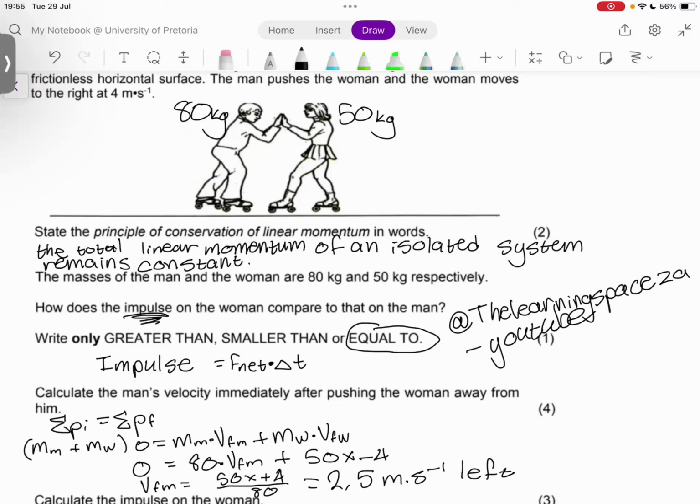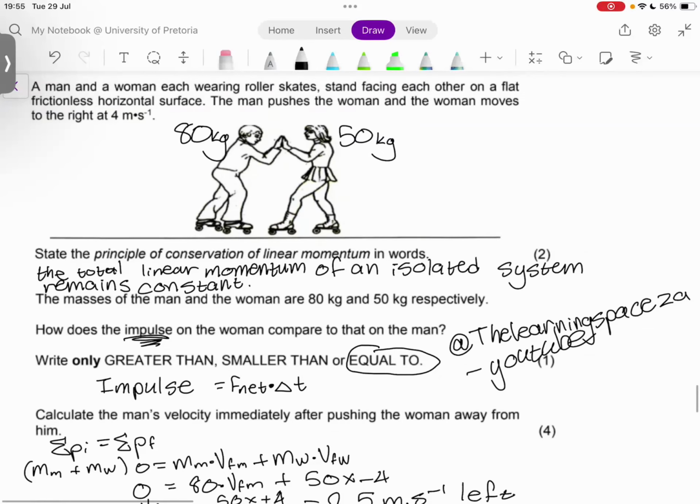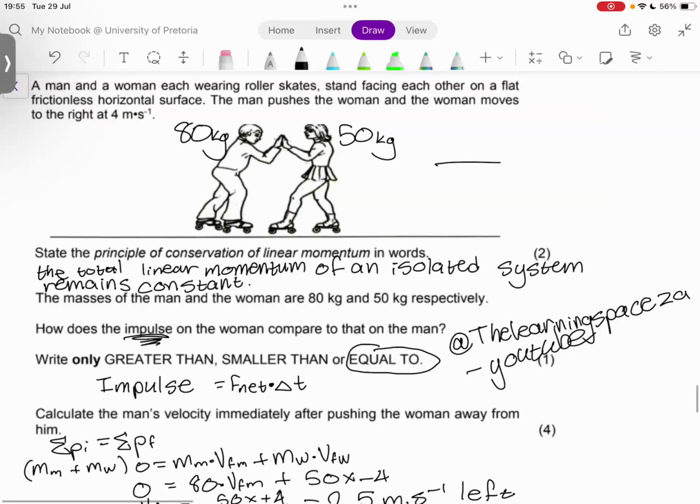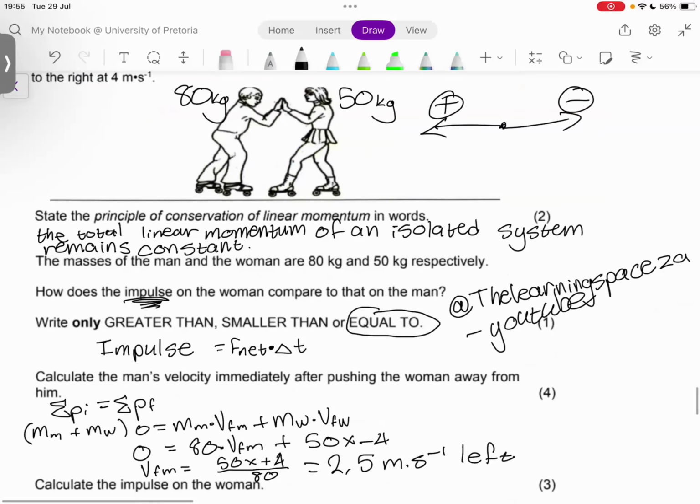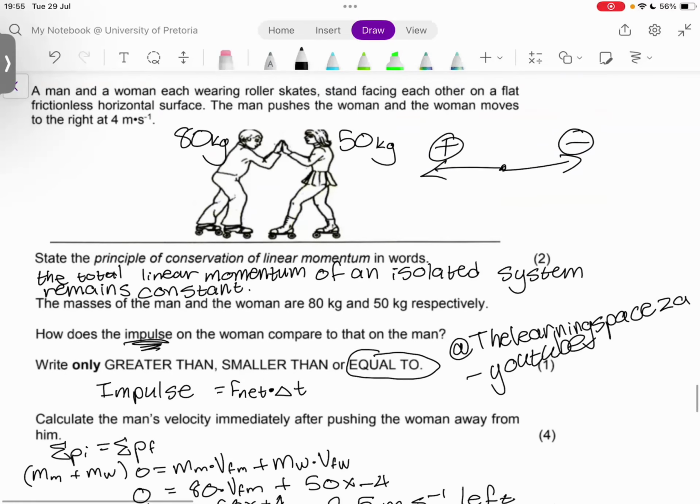For this question, I chose left as positive. Cool.